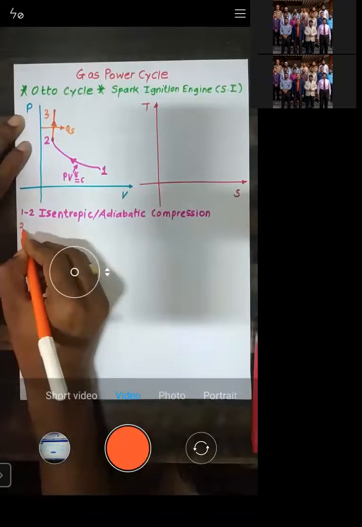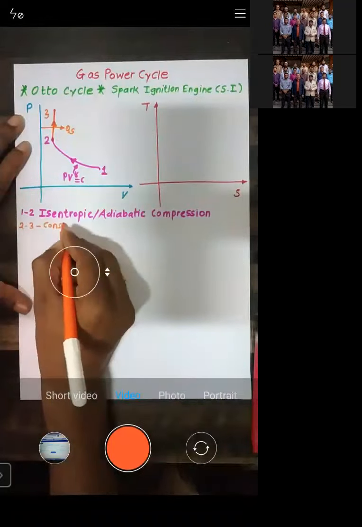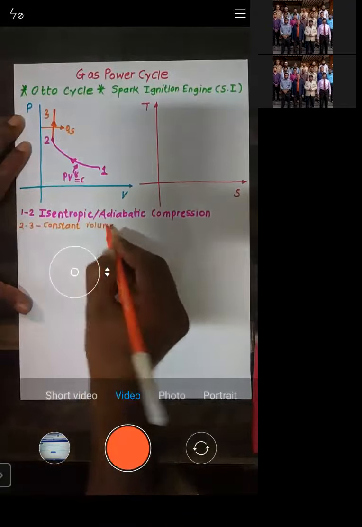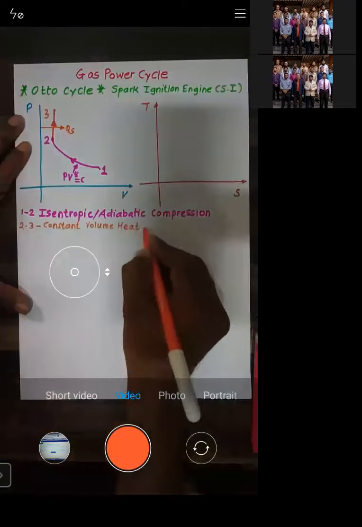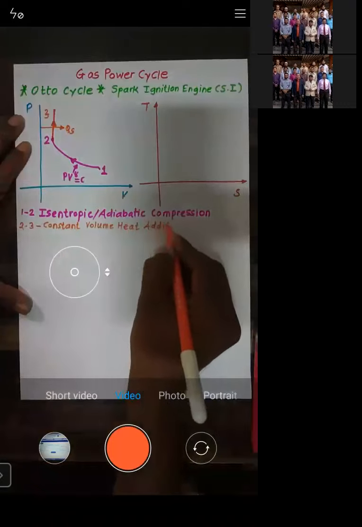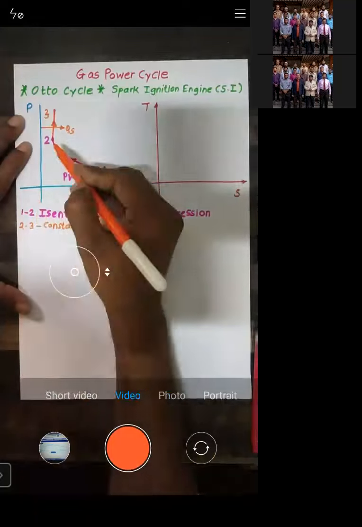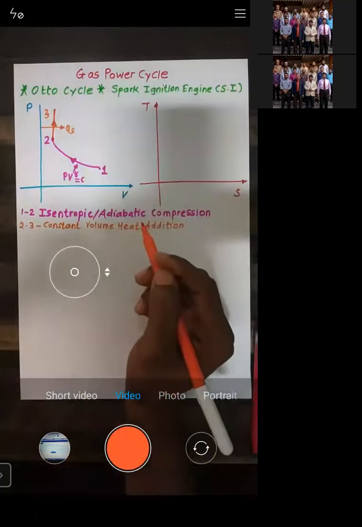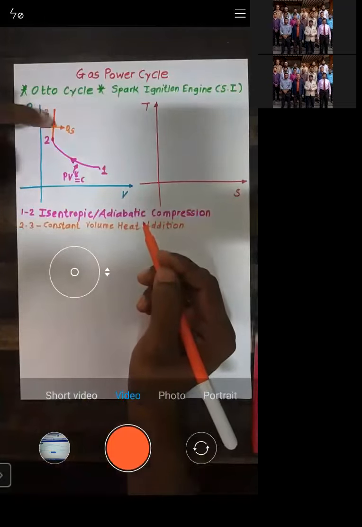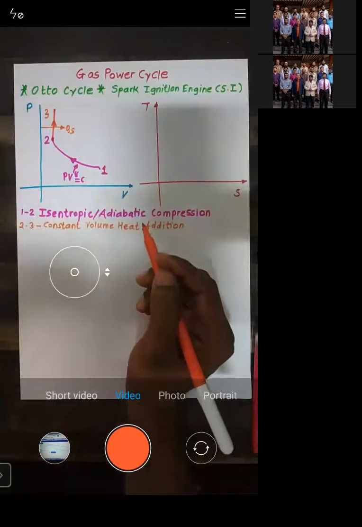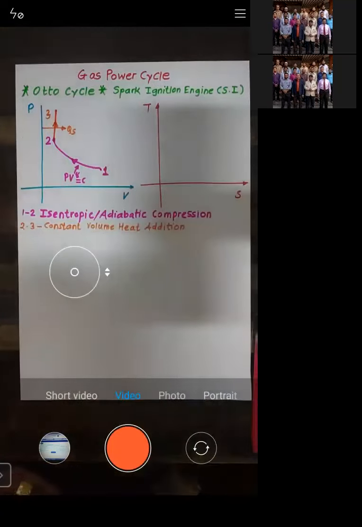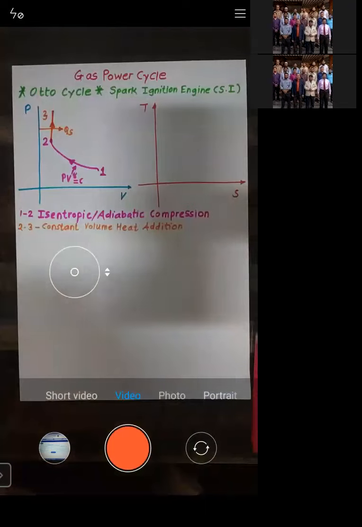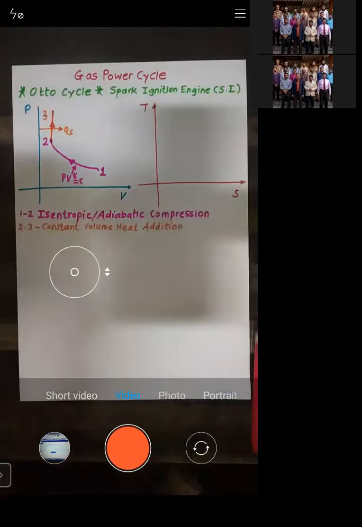I'll write down here, process 2 to 3, it's a constant volume heat addition. During 2 to 3, volume remains constant, and by keeping the volume constant we are adding the heat QS.